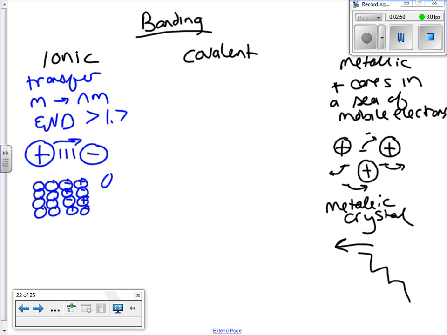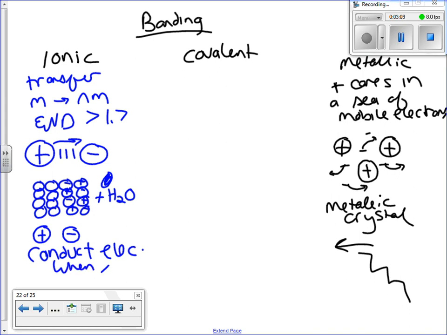If you add water to it, plus H2O, it dissolves, and these positives and negatives are free to float around. When they're free to float around, they conduct electricity. So ionic solids conduct electricity when liquid or aqueous.